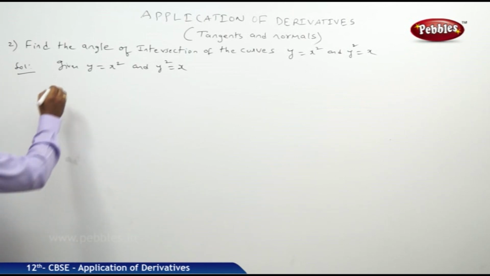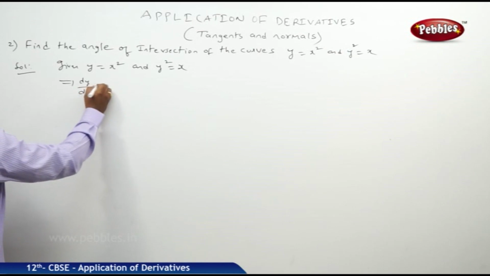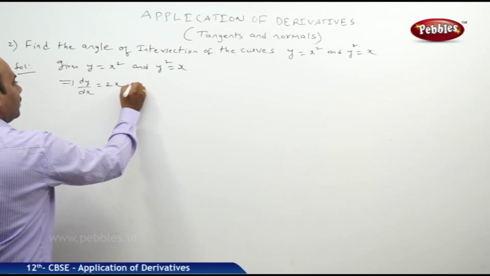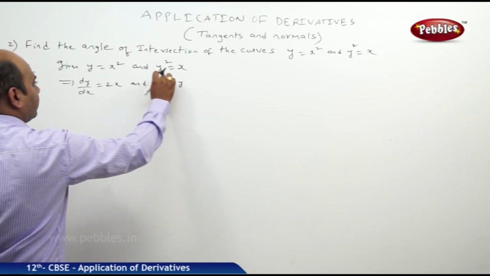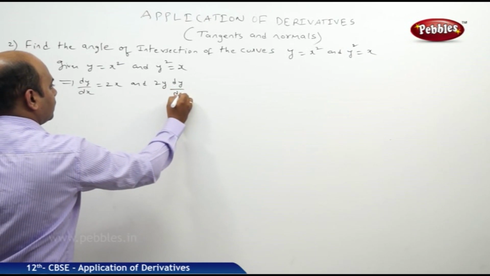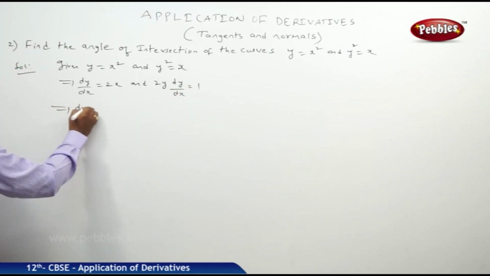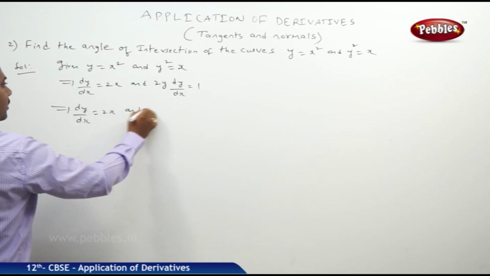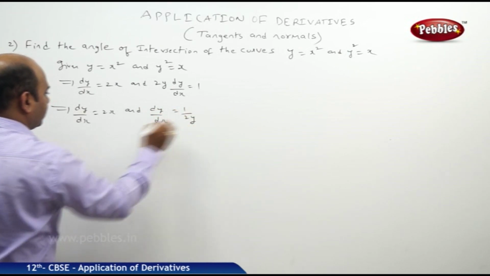Now again I need to differentiate with respect to x. So dy by dx is equal to 2x, and for the other curve, 2y into dy by dx is equal to 1. So finally, dy by dx is 2x here, and dy by dx is equal to 1 by 2y there.